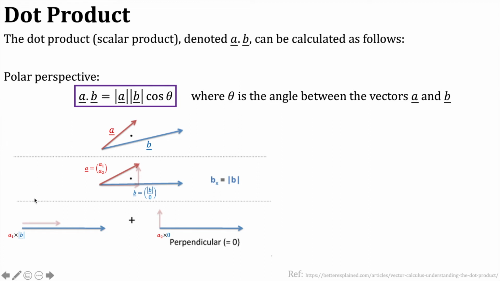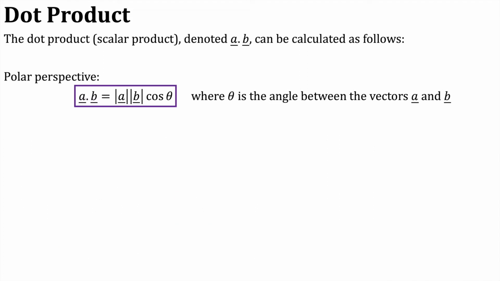Now this A1 here, what really is that? Well, what is that x component of A, assuming that B is actually the x-axis? Well, that is the magnitude of A cos theta, i.e. the projection. And this results in our dot product, A dot B, equaling the magnitude of A times the magnitude of B multiplied by cos theta, where theta is the angle between the vectors A and B.